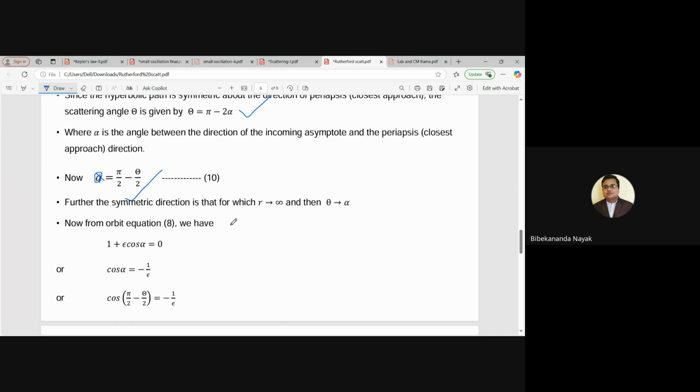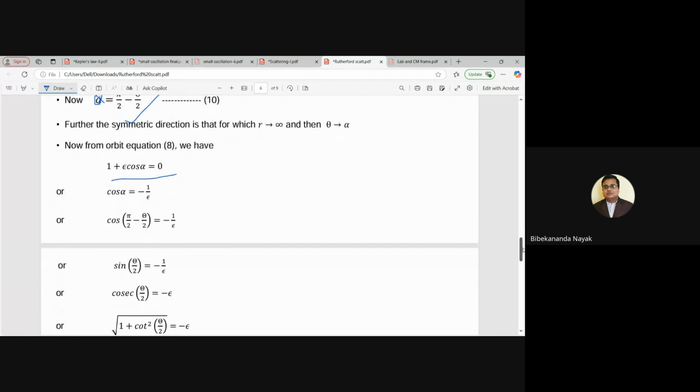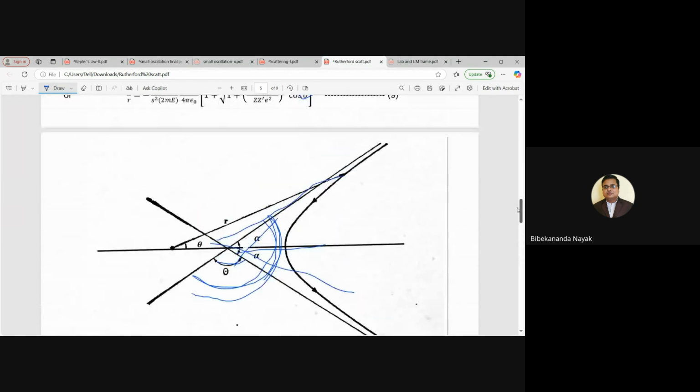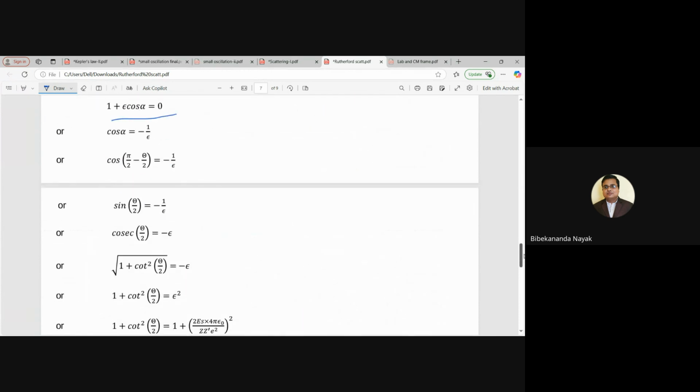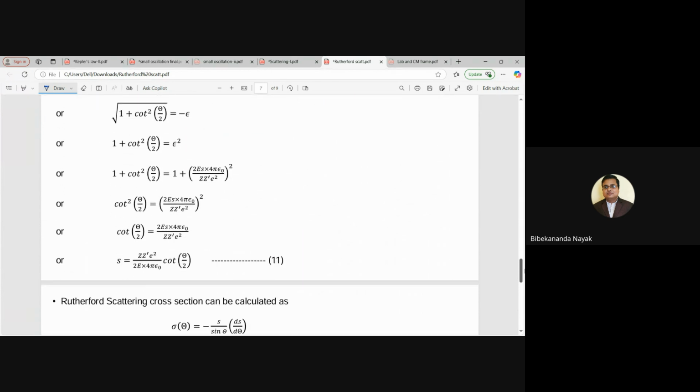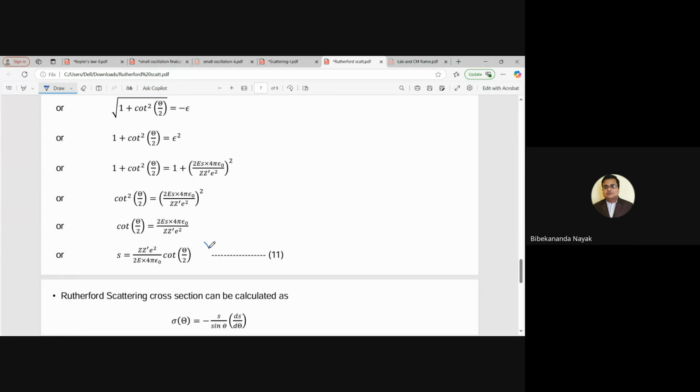Putting this theta equal to alpha, we find 1 plus epsilon cos alpha is equal to 0, cos alpha is equal to minus 1 by epsilon. Epsilon is already given here. So putting this and simplifying, we find the expression for s. s is proportional to cot Theta by 2.